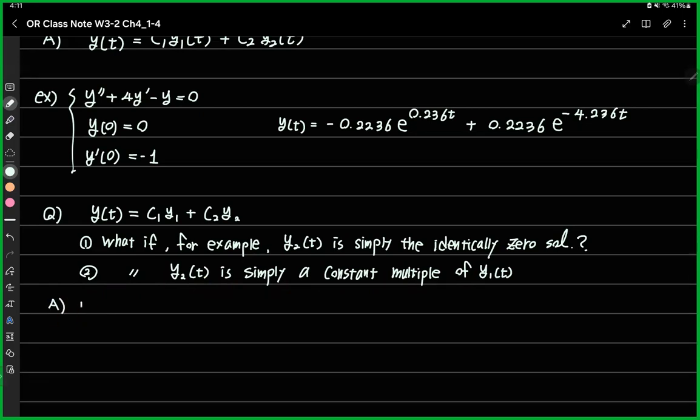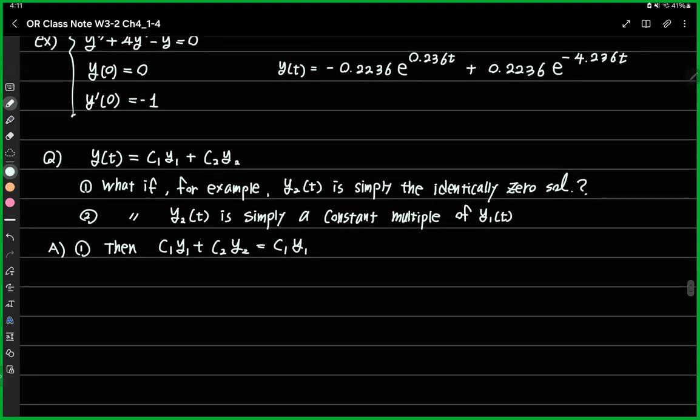So, first one. Answer for question 1. Then what? C1y1 plus C2y2 must be C1y1, right? So this one has only one constant C1, right?